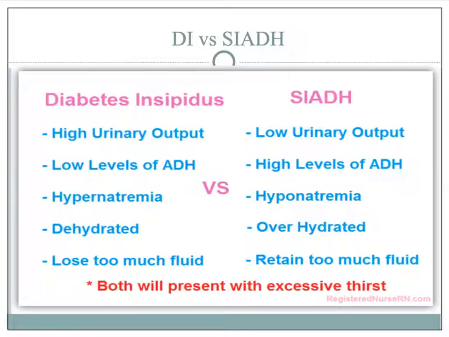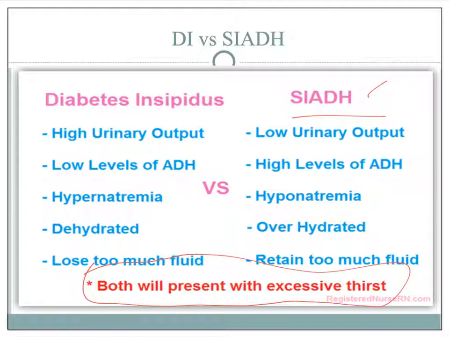As you can see, in most cases, they are absolutely the opposite. The interesting thing is they both will have excessive thirst. In the syndrome of inappropriate antidiuretic hormone, they feel thirsty because they are diluted. So they can't have any fluid though.